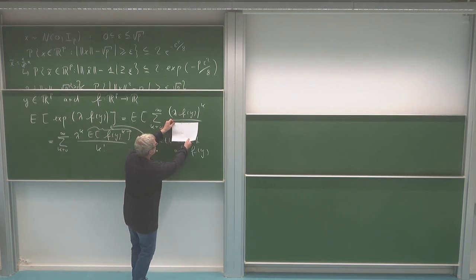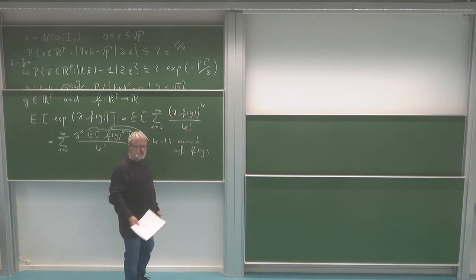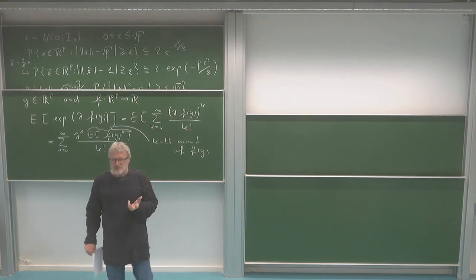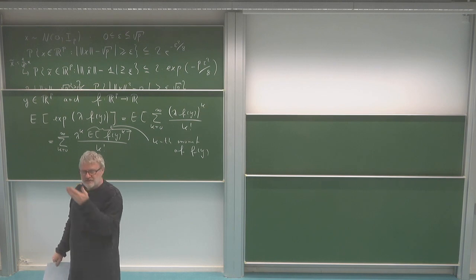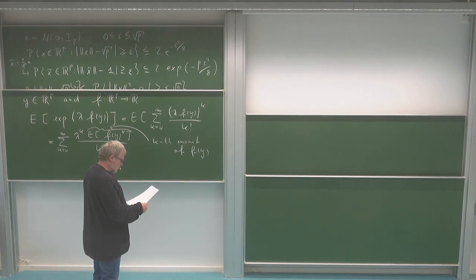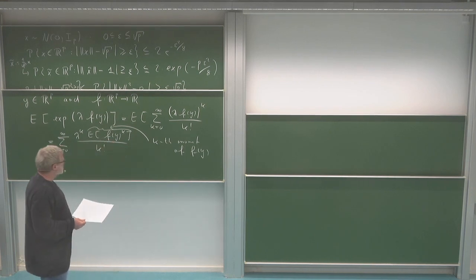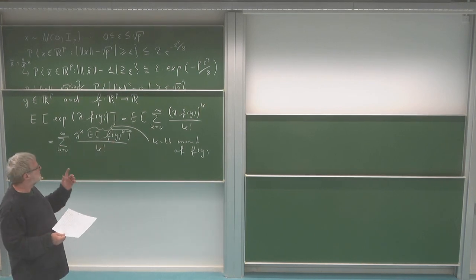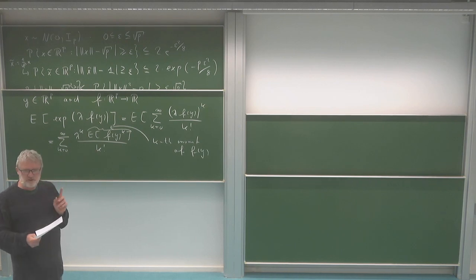I mean, you could also do it without this, then it would also be a moment generating function, but we take the exponential function because this goes very nicely with the sum. Okay, and now we want to apply essentially Markov to this function.